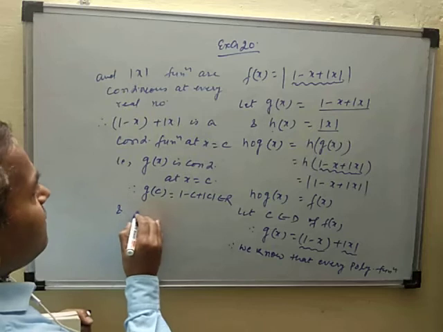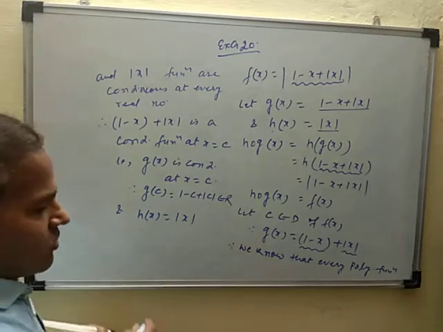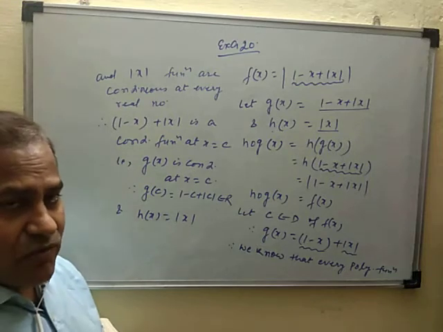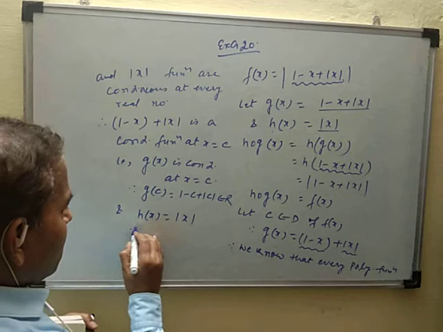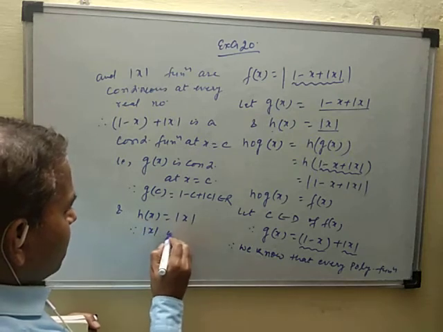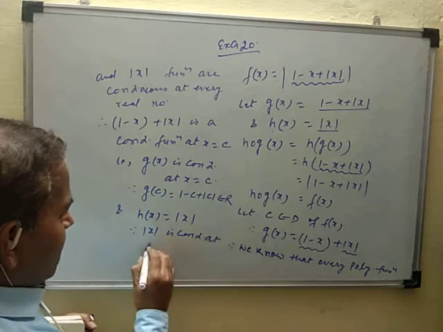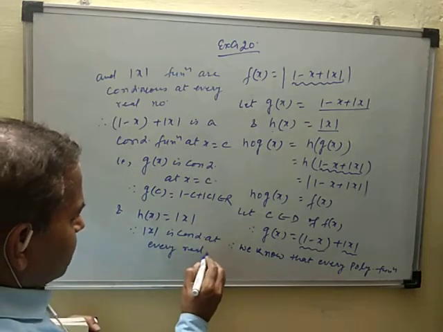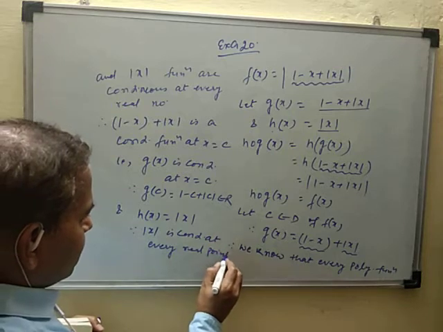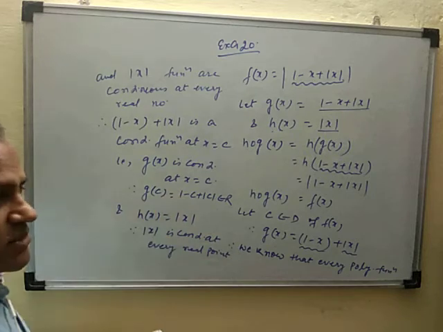And since h of x is equal to mod of x, and mod of x is continuous everywhere, at every real point, therefore it is continuous at g of c.